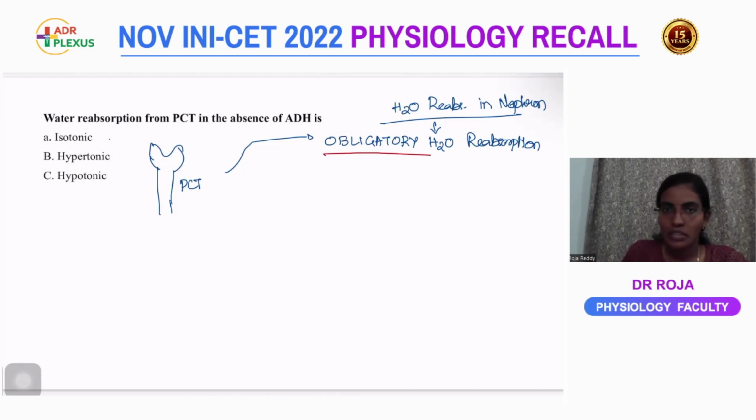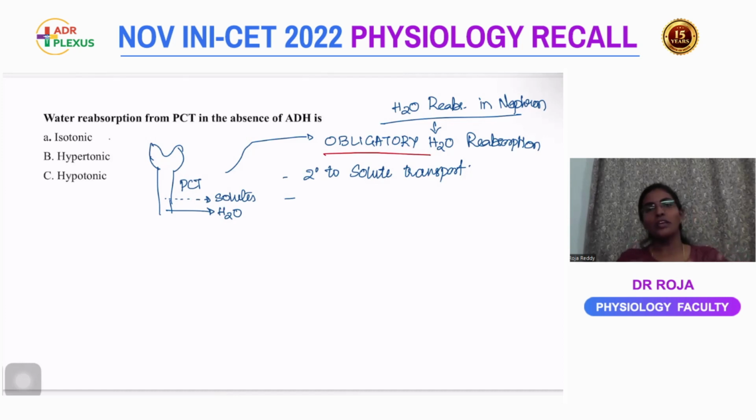Mainly in the PCT, the water reabsorption is secondary to the solute transport or the solute reabsorption. First the solutes will be reabsorbed, which will create an osmotic gradient, as a result of which water will also enter into the plasma or the tubular interstitium. So the water reabsorption in the PCT is always secondary to the solute transport.